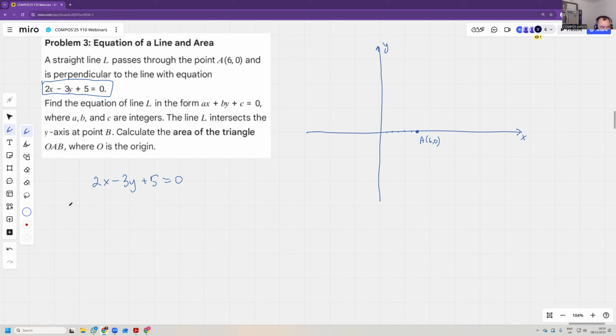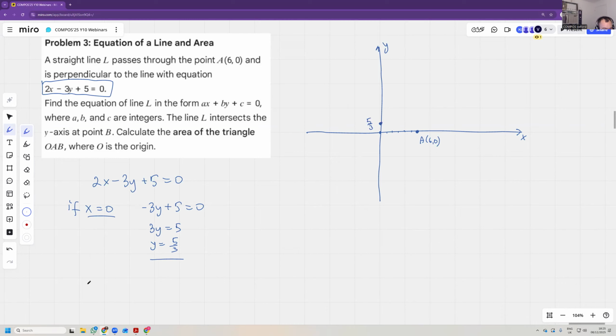So what if x is 0, then minus 3y plus 5 equals 0. So 3y equals 5, y equals 5 over 3. So if x is 0, y is 5 over 3. Oh, that's nice. 5 over 3 is about 1.67.